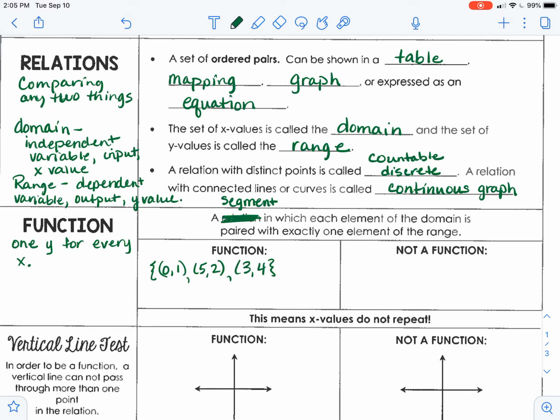What you see here is that 0 goes just to 1, 5 goes just to 2, and 3 goes just to 4. So that would be a function.